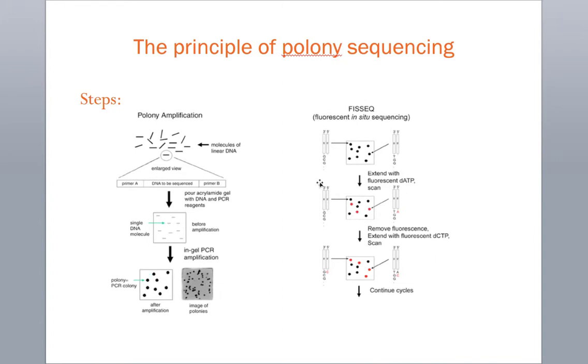And after that, there is a special procedure where you sequence them in situ, so in place. Every fragment is sequenced at the same time. Remember, you have millions of these fragments. I explained to you how to sequence it, so at every step you get data from every single fragment.